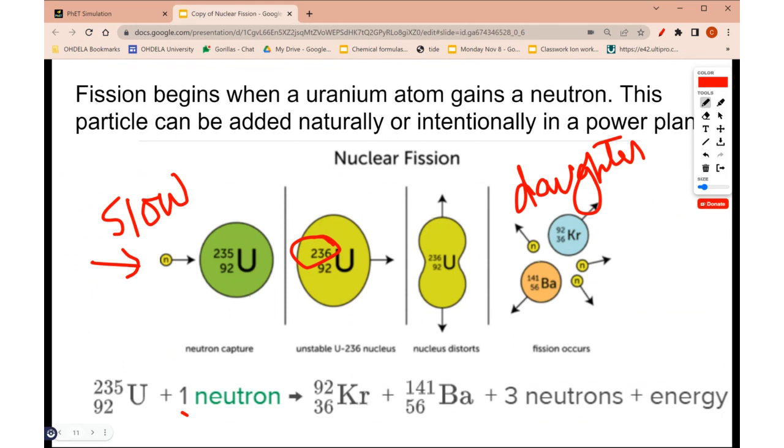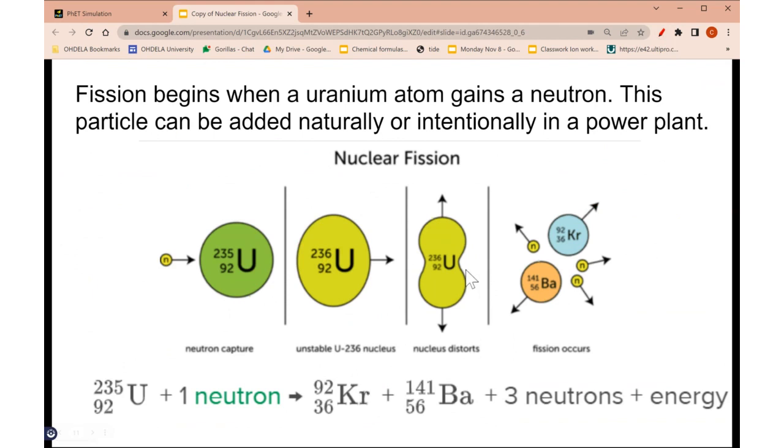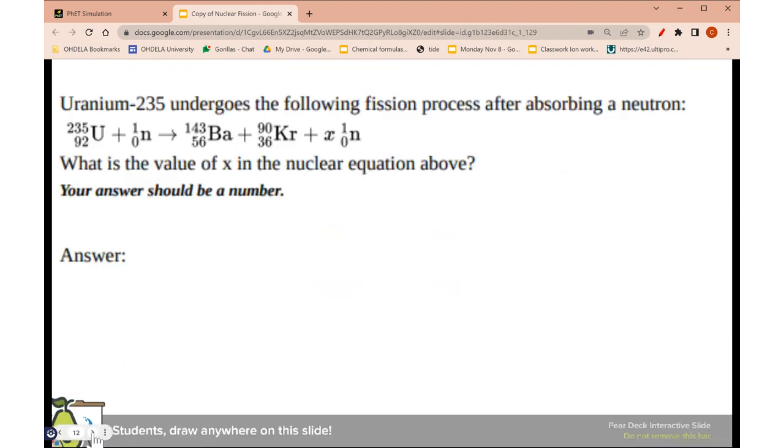Now, I'll show you on the next slide how to figure out how many neutrons we gained. Okay, so here is that equation. Now notice that we have the atomic mass of the neutron. It has 0 here because it's not an element.